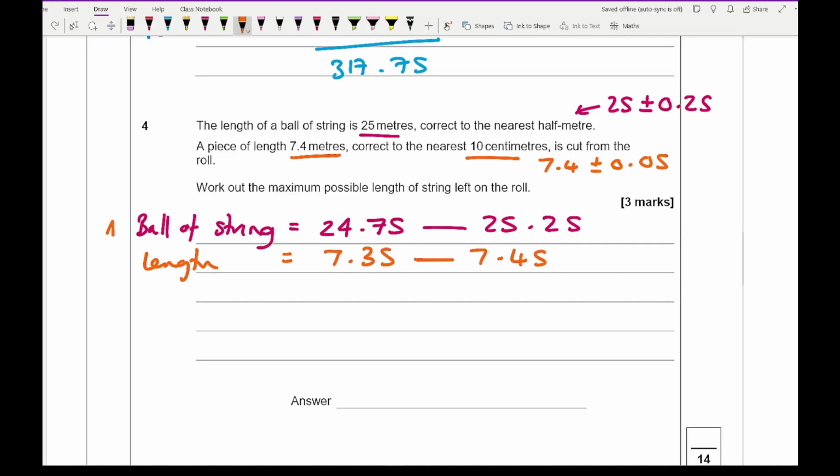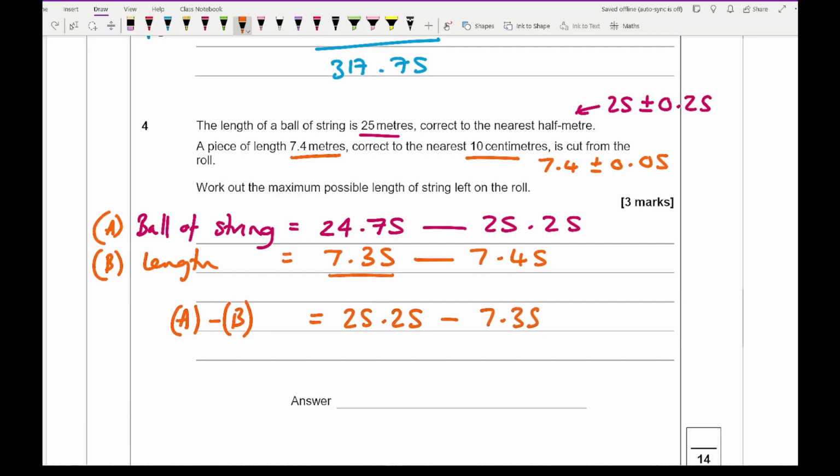So I'm going to be doing A minus B, and I want the biggest possible answer. So I want the biggest A, which is 25.25, and I want the smallest B, which is 7.35.